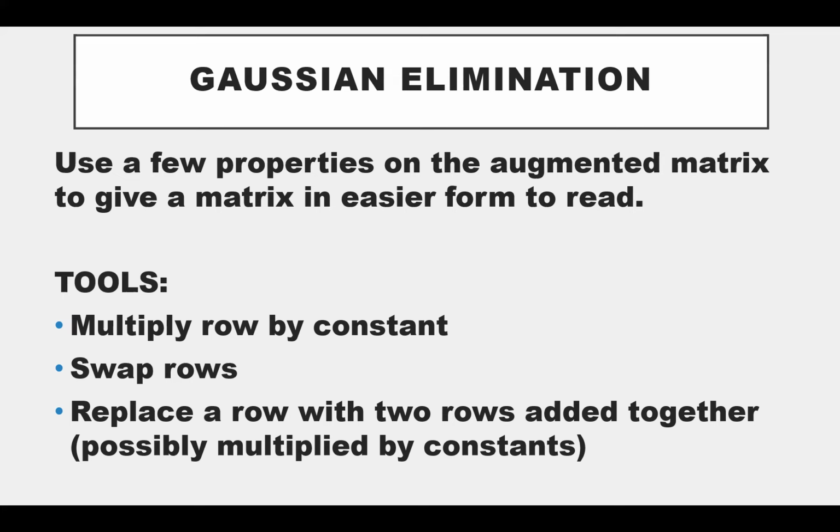And then the third one is that we can replace a row with two rows added together. And because we can also multiply by constants, sometimes what we'll do is we'll multiply by constants and then add two rows together in the same step.